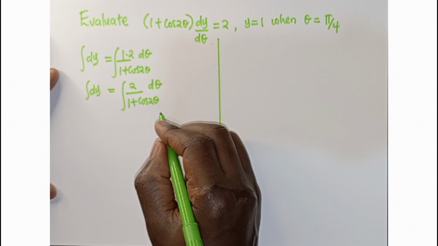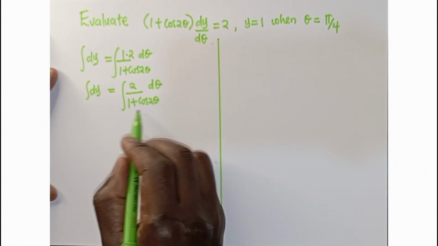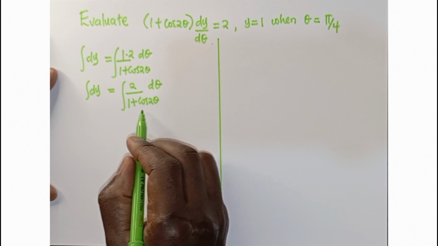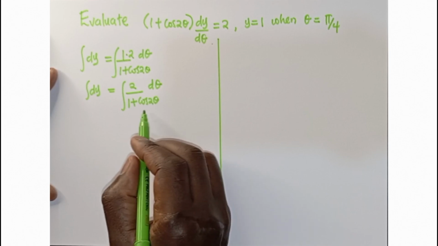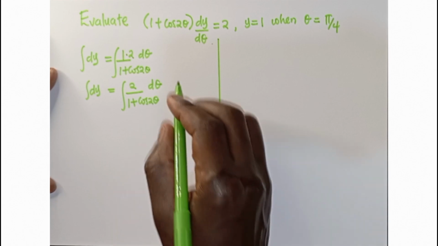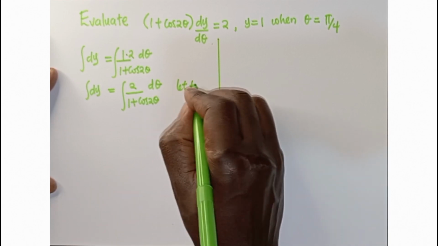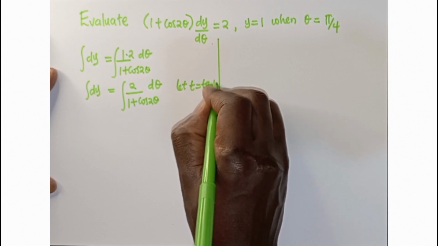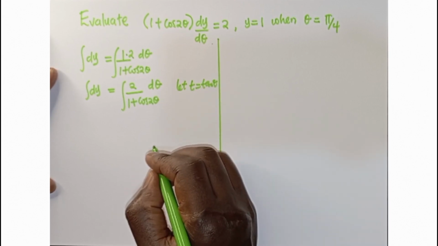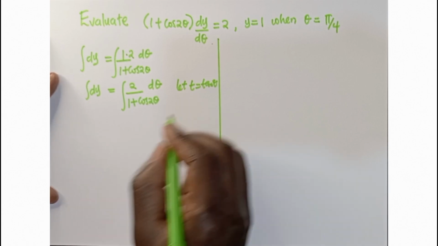T substitution is where, if you look at the denominator, it is a trigonometrical expression. So here we let t equal to tan theta. Now when you let t equal to tan theta, we differentiate t.